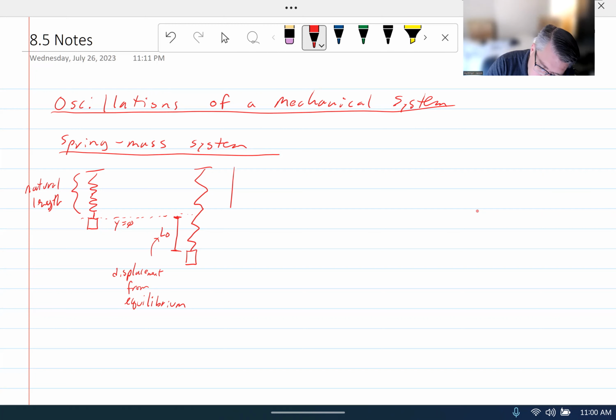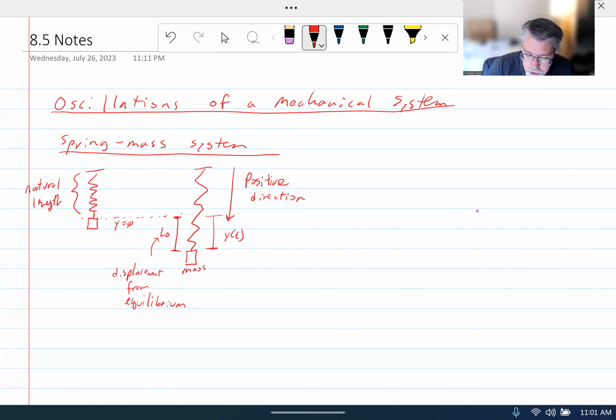We're going to say that down is the positive direction, and we're going to call this y of t, and this is the mass.